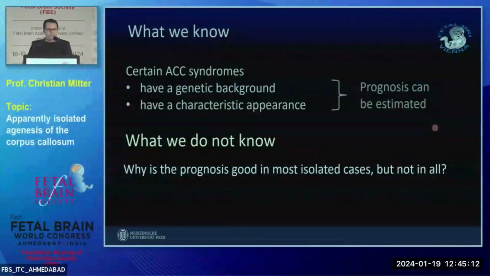What we do know is that certain ACC syndromes have a genetic background and a characteristic appearance, for example Aicardi syndrome, and here prognosis can be estimated pretty well. What we do not know is why the prognosis is good in most isolated cases, but definitely not in all isolated cases.